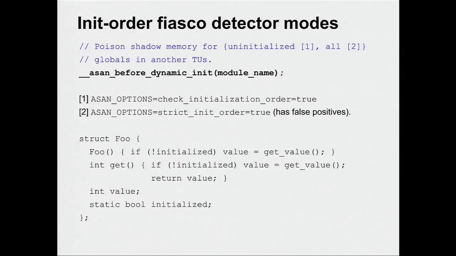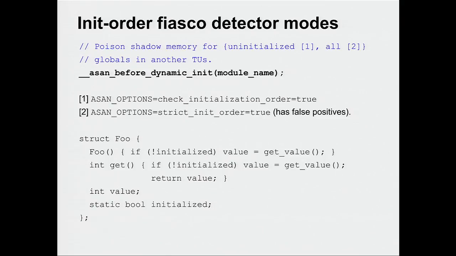The first mode finds the actual errors that happen in your program, while the second mode is more useful because it finds any potential errors that may happen regardless of the order in which the initializers for your units actually run. Here I specified that the second mode has false positives, but the example in fact shows false positives for both modes.